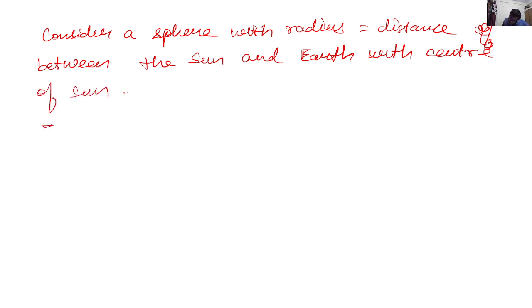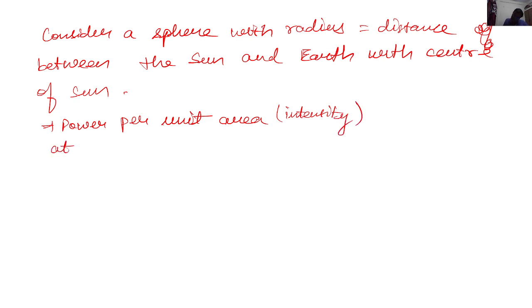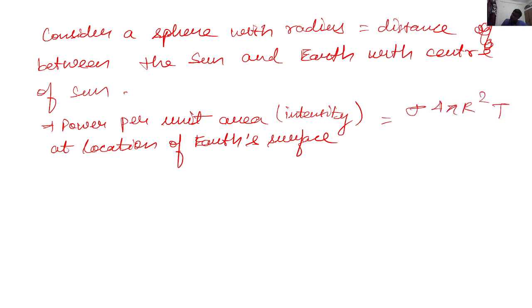Okay, so this implies power per unit area, which we term as intensity, at location of Earth's surface would come out to be equal to sigma times 4 pi R square T to the power 4, which we already found out in the previous expression, divided by, now use the inverse square law, so it's 4 pi d square, the distance, and this is 1400 watts per meter square, right?